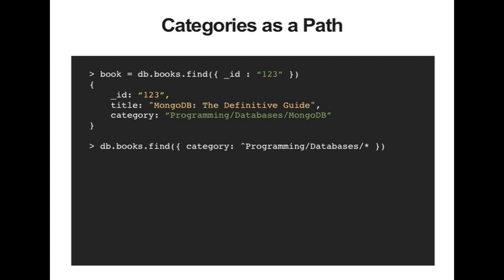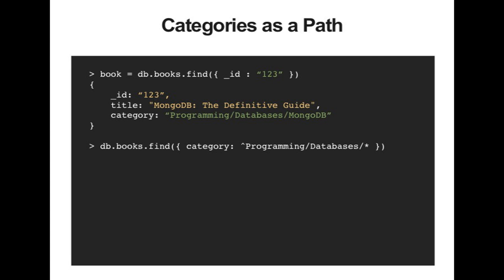The idea is we want to exploit the regular expression lookup capability in MongoDB to find components of that path. And as long as we left anchor it, using the caret in front of the P to say anchor to the left-hand side of the string, this will allow me to use the index on category, and from the top, dive as deep down through the hierarchy as I want to get all the matches.